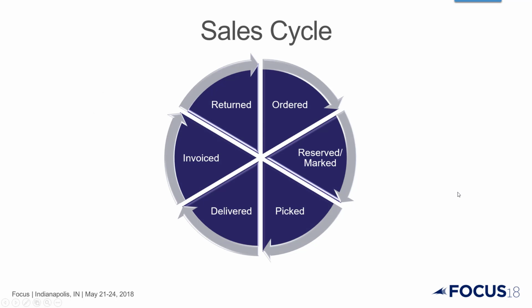So let's go through the sales cycles now. I want to go through a number of different cycles on some of the main processes we use in here. Now that ties a lot to the inventory transactions you see. So in the sales order cycle, you start out with ordered.